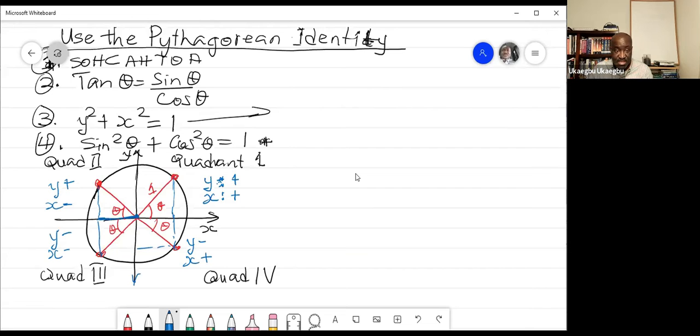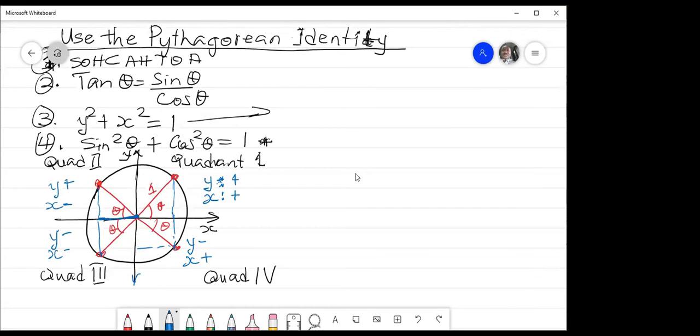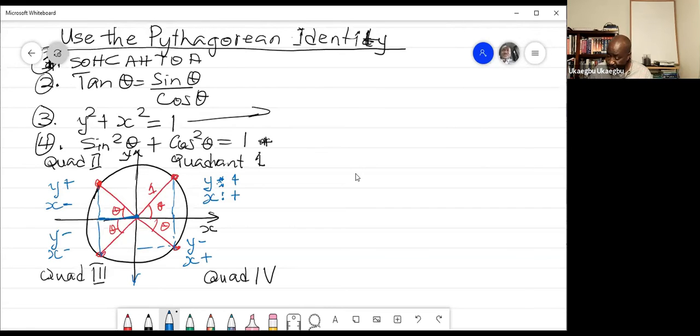Okay, so based on this, if you pick any of the trigonometric ratios in any quadrant, so pick a number. Let's try it using SOHCAHTOA. Quadrant 3, okay. In quadrant 3, do you want us to determine sine or cosine or tangent?